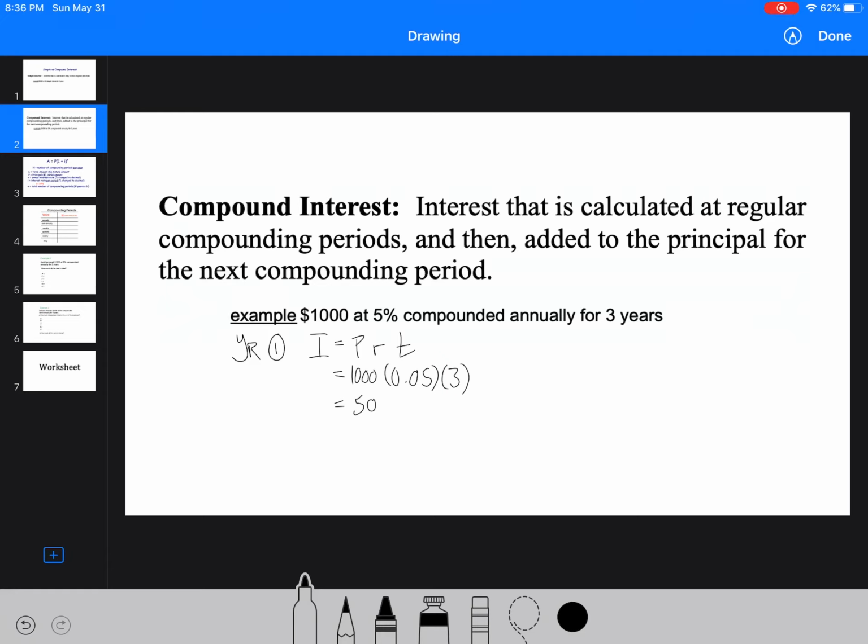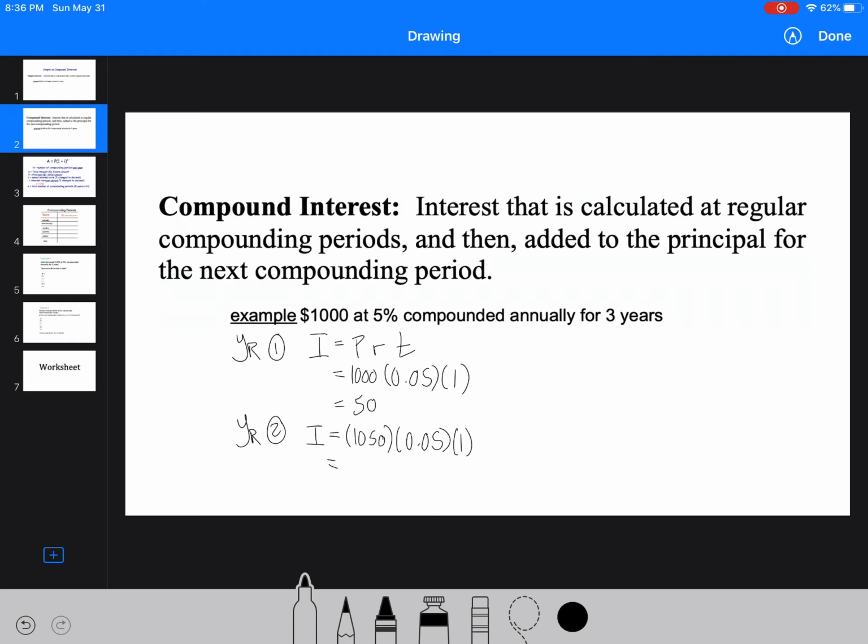But then for year 2, we're taking that $50 and adding it to our principal. So for year 2, we've got I equals PRT, but our principal is now $1,050, because we took the principal we had originally, the 1,000, and added 50. Oh, sorry, these aren't 3-year periods, these are 1 year.